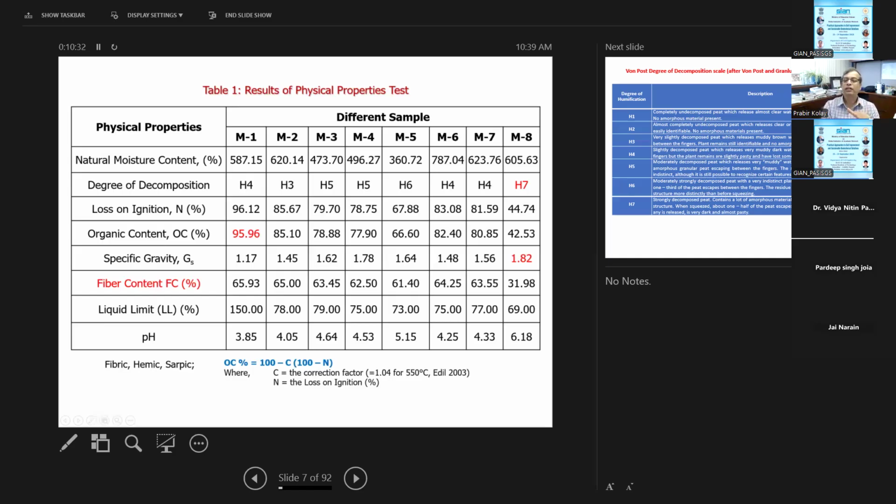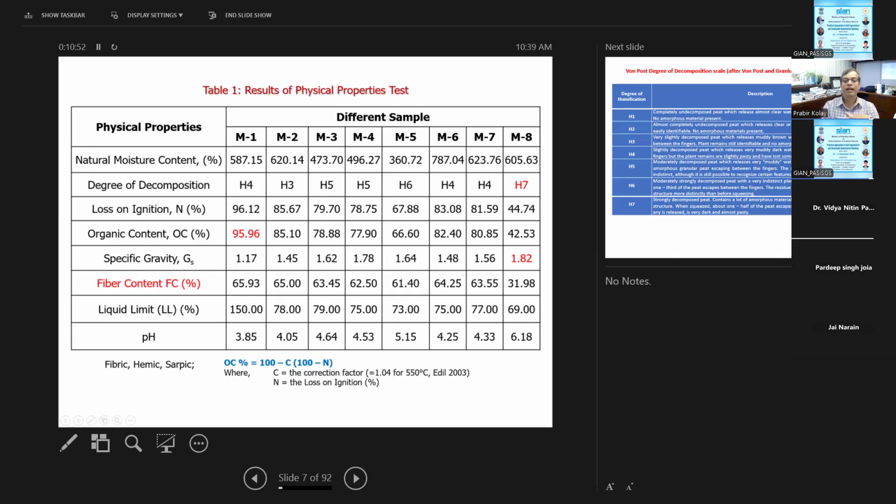The loss on ignition was initially 96 for M1, and 44 for the more decomposed one. The loss on ignition is also decreasing. For organic content, M1 has the highest number, 95.